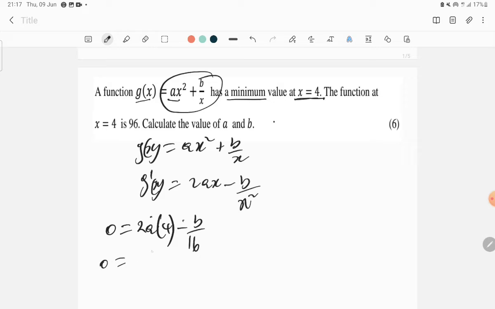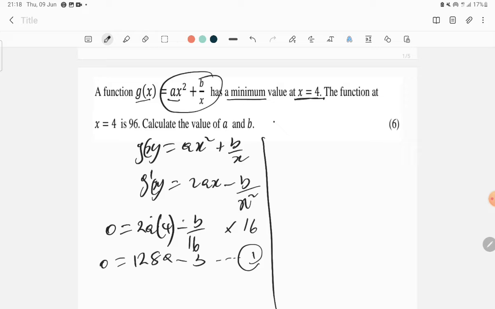So we have 0 is equal to 128a minus b. If we multiply by 16 throughout, we have this small equation. Having a and b in this equation, we can call it equation number 1.